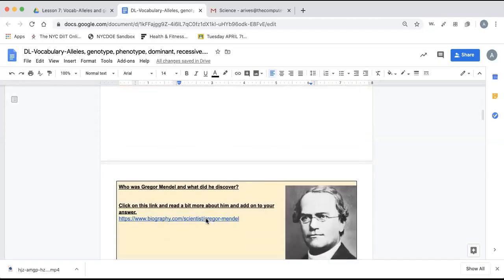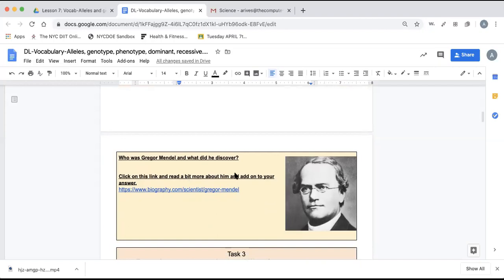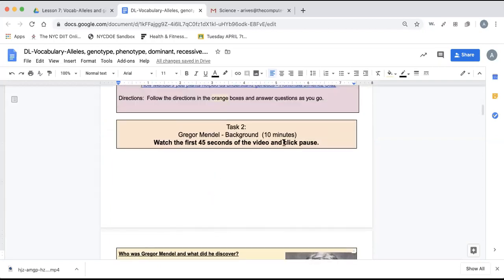Then for more information, you'll click on this link, biography.com, and I ask you to add on to your answer. That can be bullets. I'm not looking for a paragraph. I'm not looking for anything in particular, just anything you glean from quickly reading this biography, which is just a few paragraphs. Please don't spend more than 10 minutes on this section.